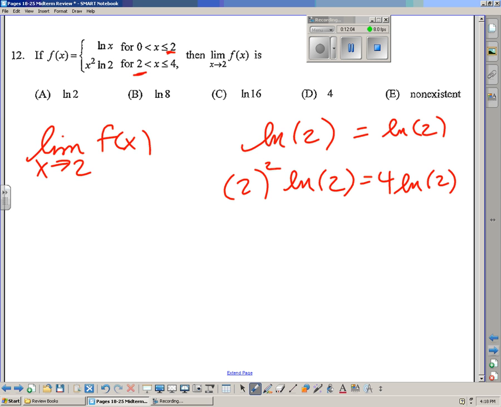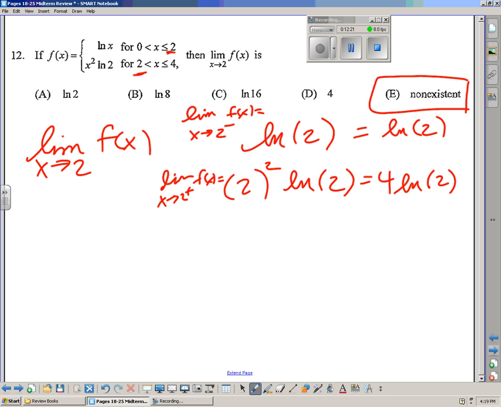Clearly, natural log of 2 is not equal to 4 times itself. So the limit does not exist. This is approaching 2 from the left of the function. This would be the limit as x approaches 2 from the right of the function. Okay. So non-existent is the answer.